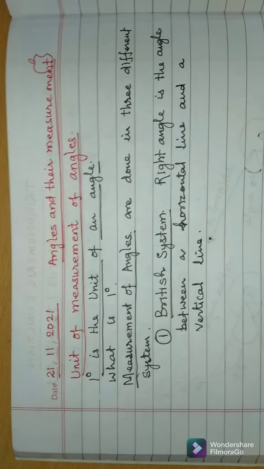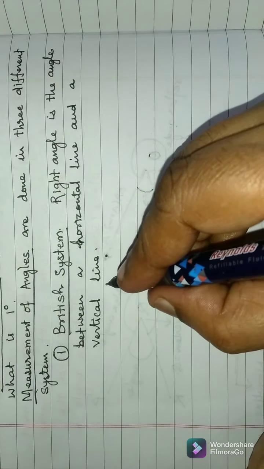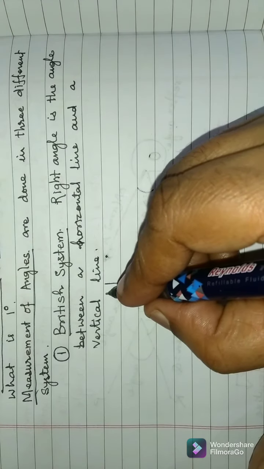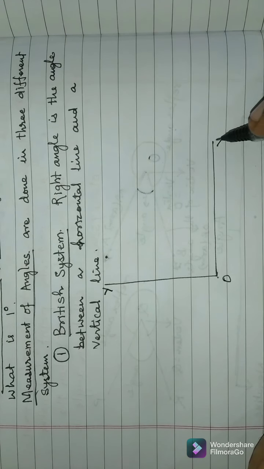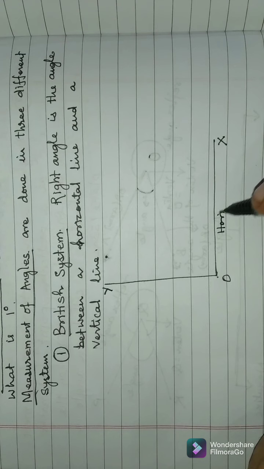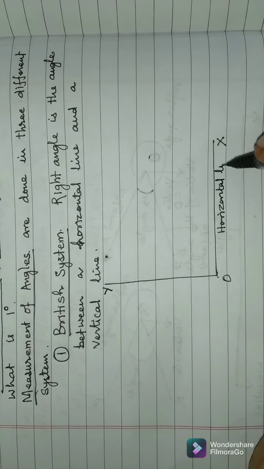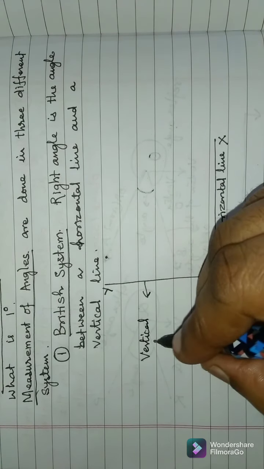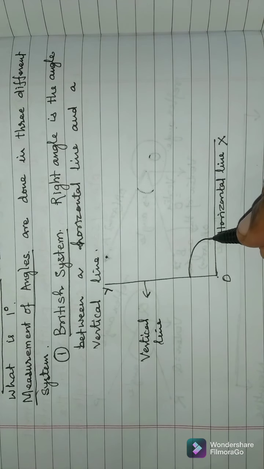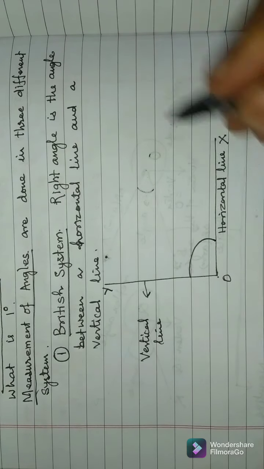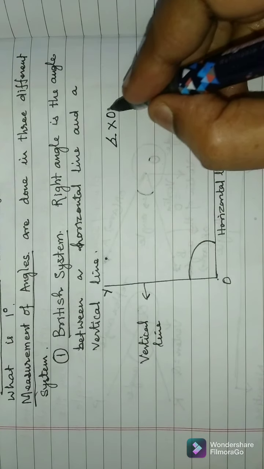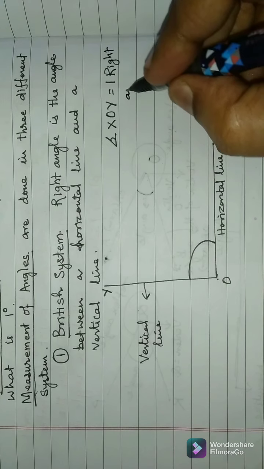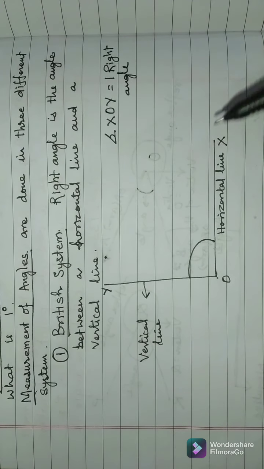So here, if I take a horizontal line in a plane, this is the horizontal line, and this is the vertical line, and this angle XOY is called one right angle. So this inclination is called one right angle.